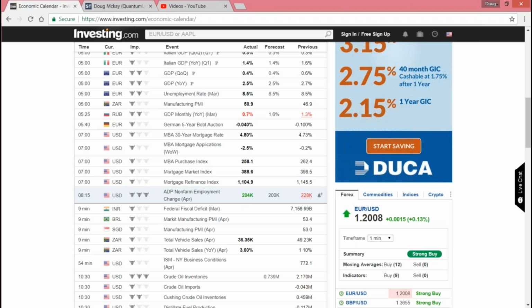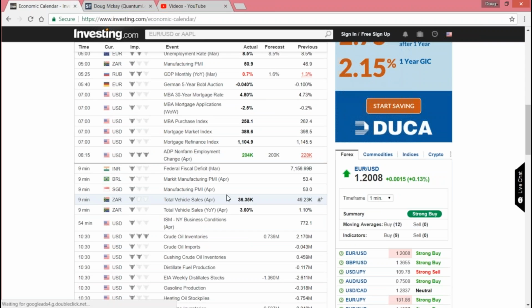It wasn't that big of a beat, and we've actually moved down from where we were. We popped up into, I think, the 54 area, but we've come down and went as low as, I think, 48.50. And so we didn't get a real big reaction off of that news.